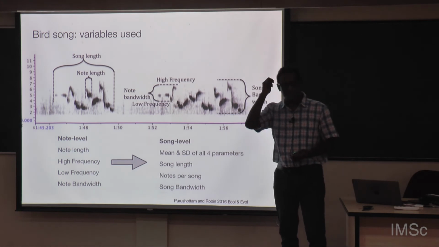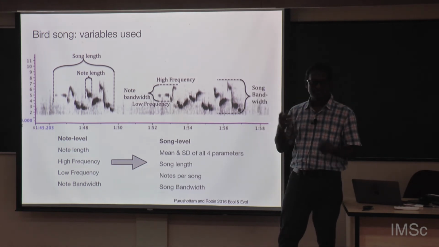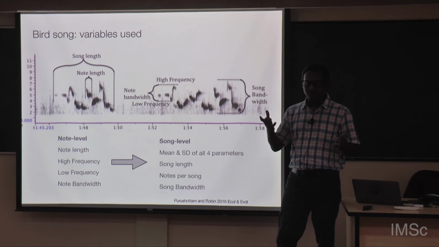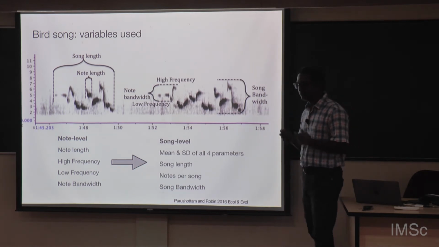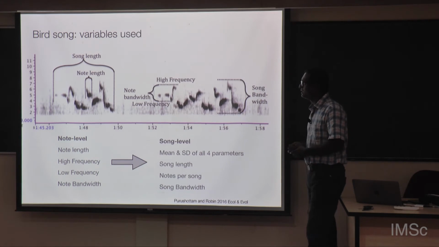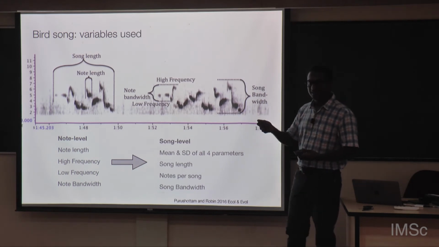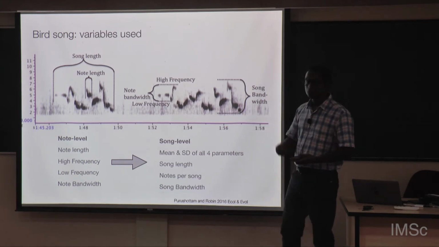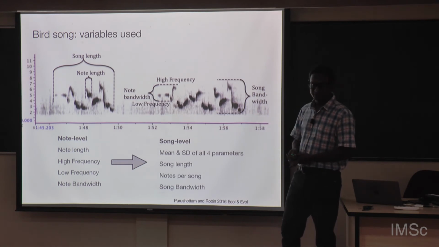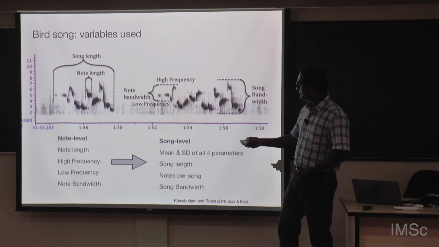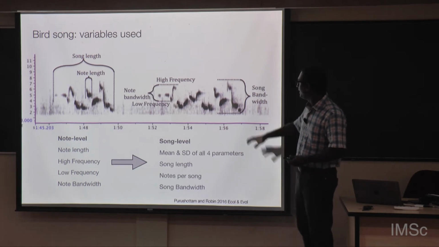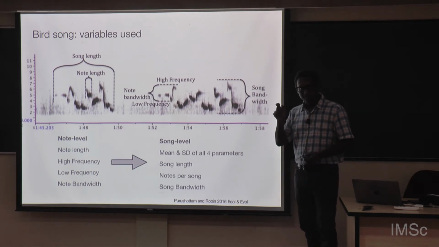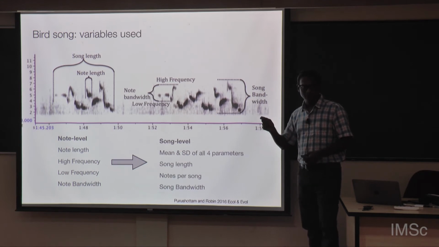Now we are slowly coming to the first question that I asked you: do those birds sound the same? The way we do that is we go out and record these birds and convert those songs into spectrograms, where you have time here and frequency here, and then you make a lot of measurements based on that.